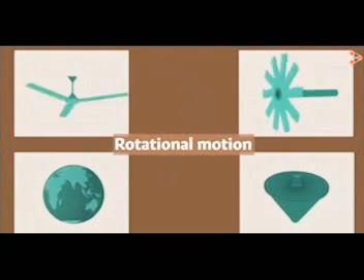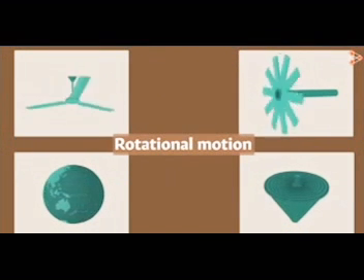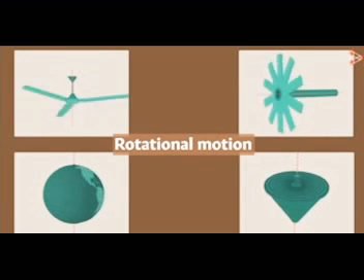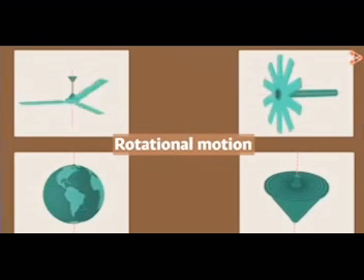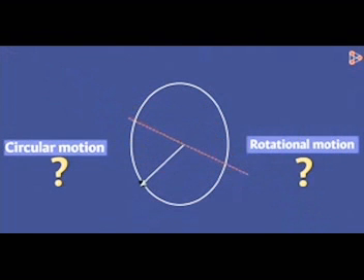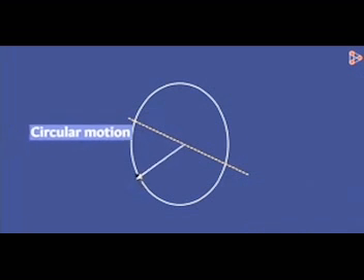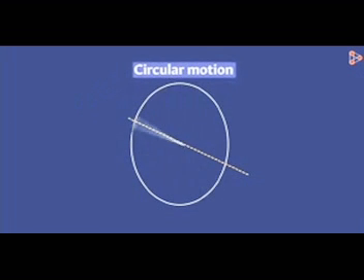In all the examples of rotational motion that we saw, the axis of rotation is a part of the object. It is going through the object. But in this case, the axis of rotation is not passing through the object. It's totally separate from the object. Hence, we don't call this motion rotational motion. This is circular motion and not rotational.